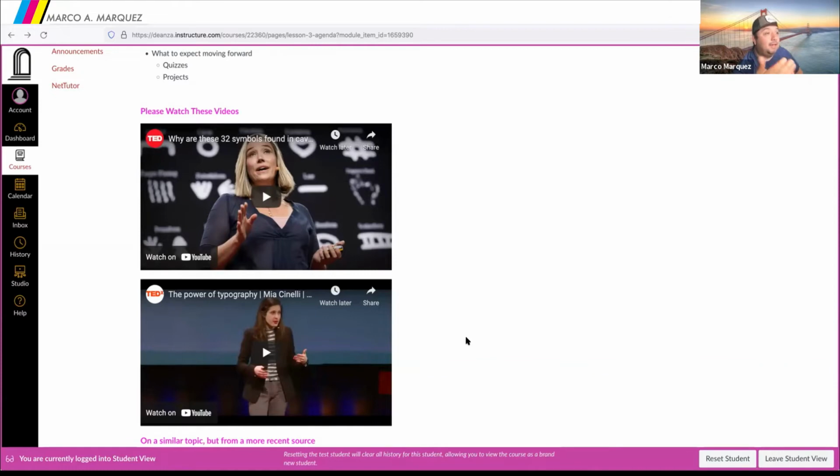And so for today, what I want to start off with is the inception of type and the inception of text. With that being said, we're not going to look at formal typographical structures, but what predated that. We're going to start looking at symbols and icons and how cultures and societies work with that.